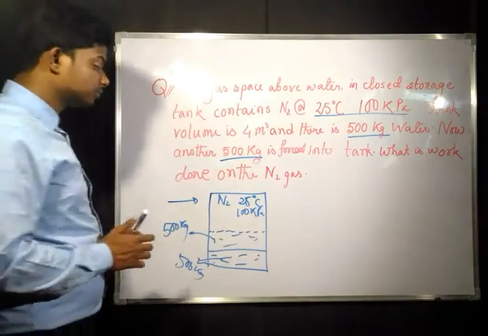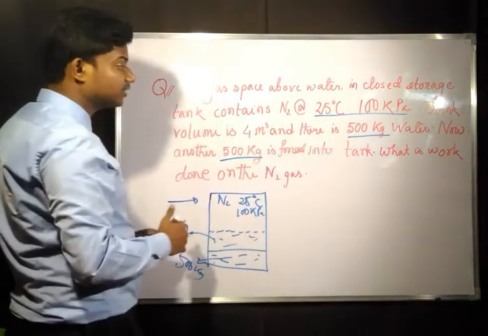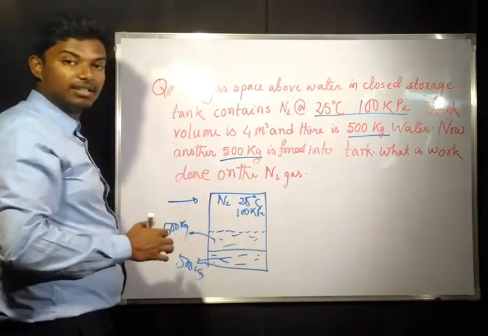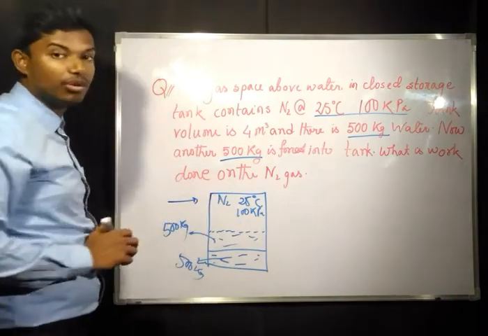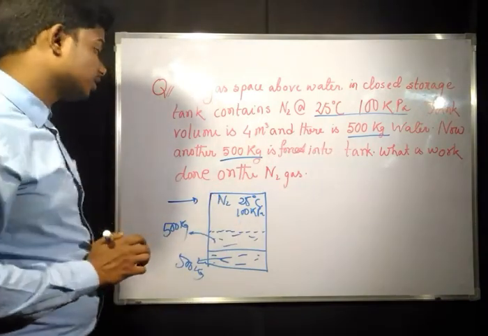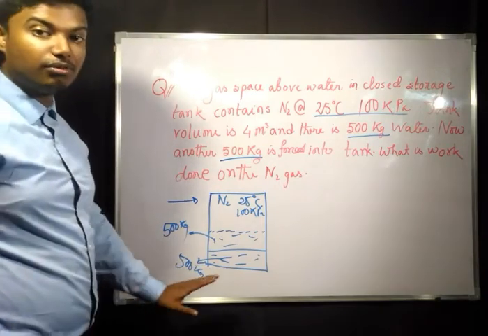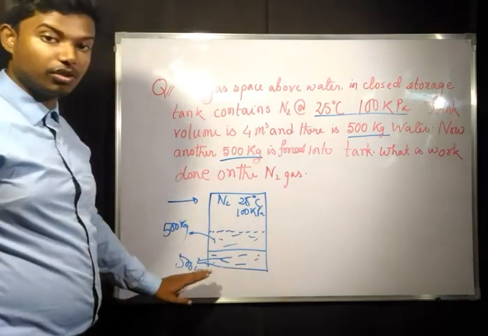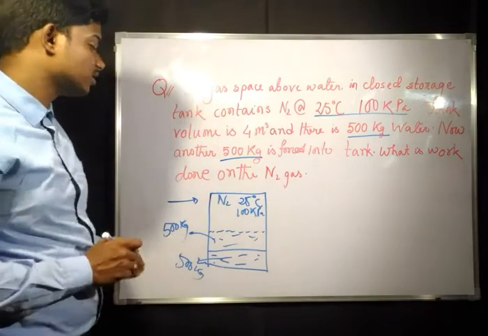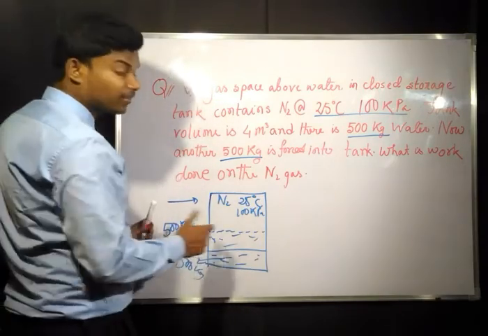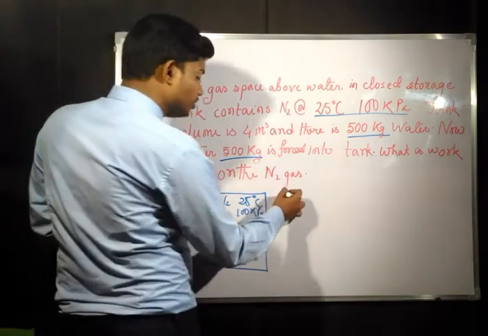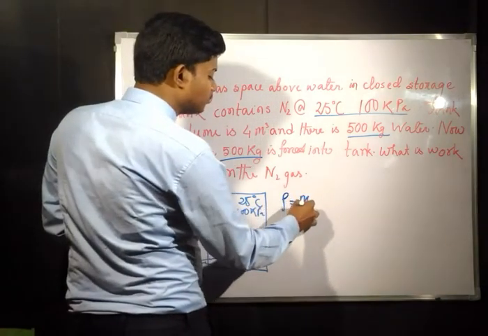So what is the amount of work done? Since no temperature change is given, this complete process is going to be an isothermal process. Now let us find the volume of 500 kg of water, to get the first volume of the nitrogen gas. We know that density equals mass by volume.